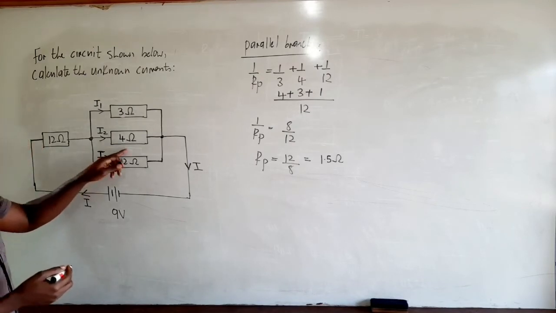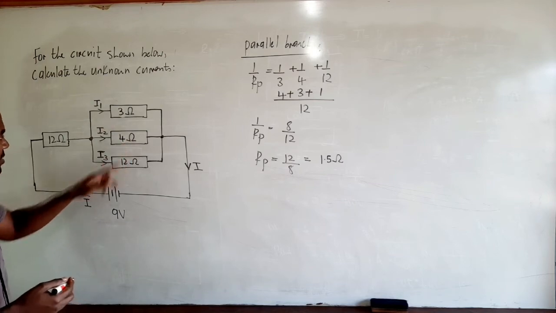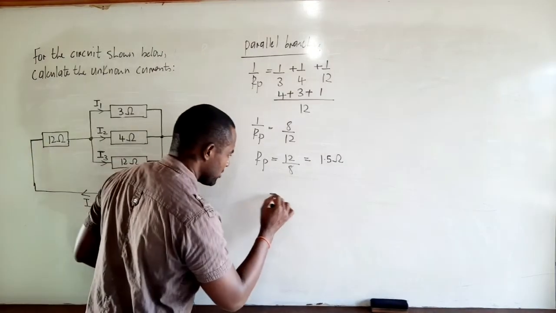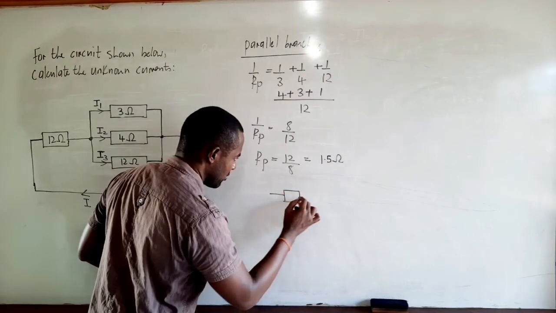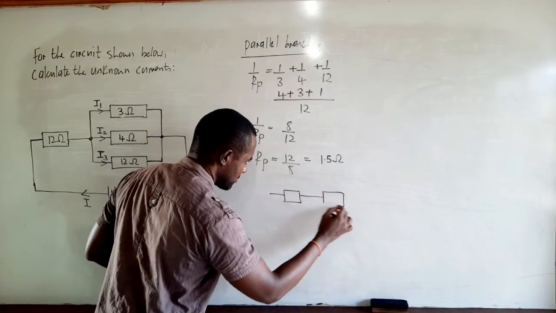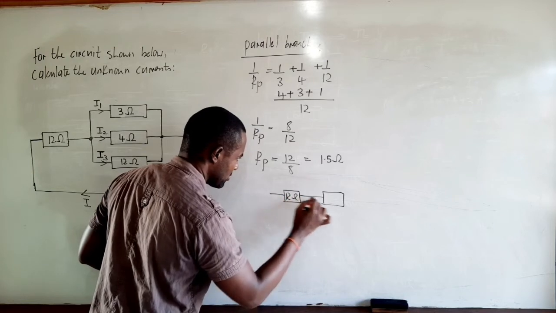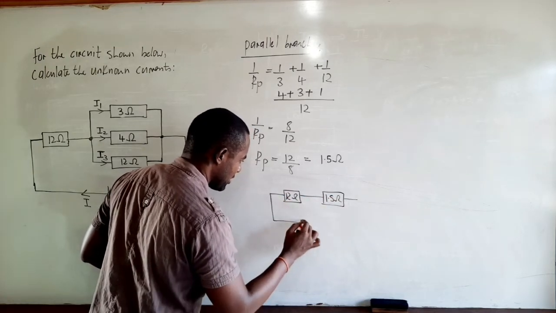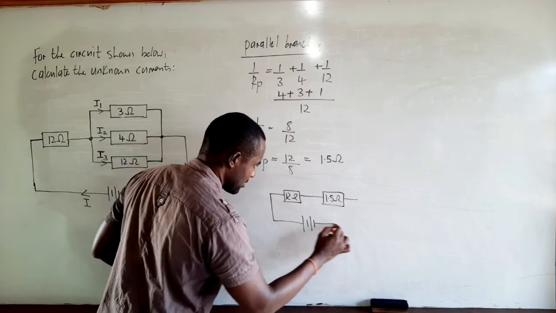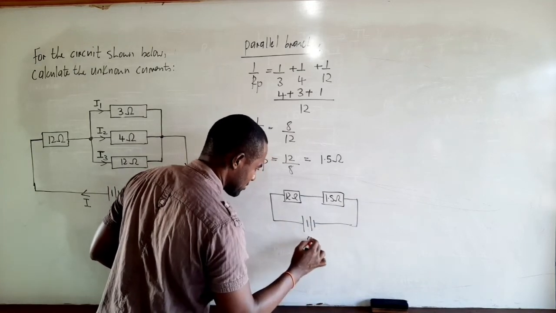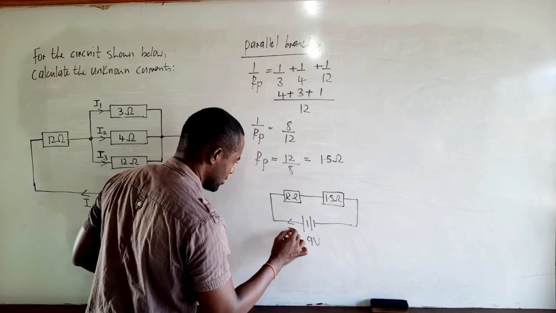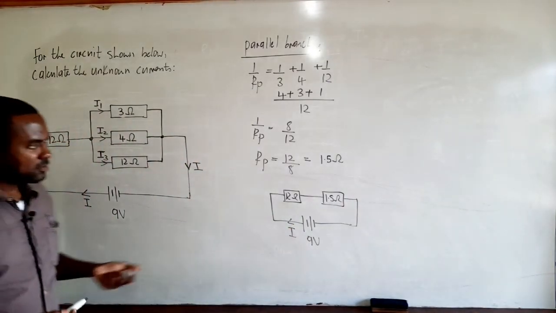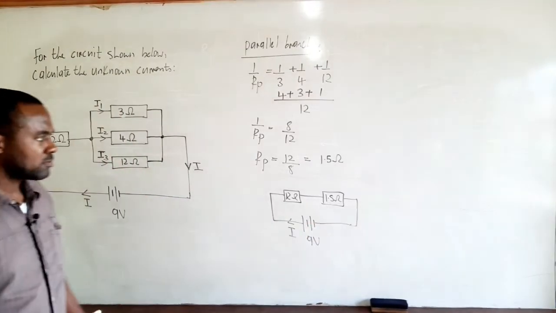With this effective resistance calculated, the effective circuit now looks like this: 12 ohms, 1.5 ohms, and across that a 9-volt battery, right? So this circuit is functionally equivalent to the original one.